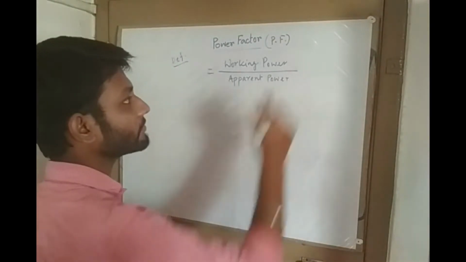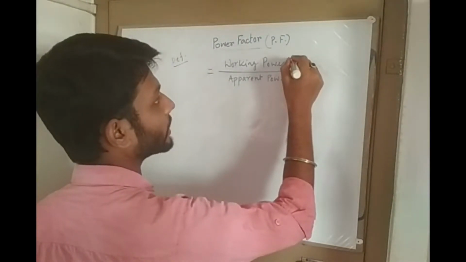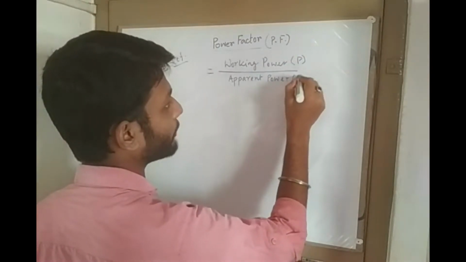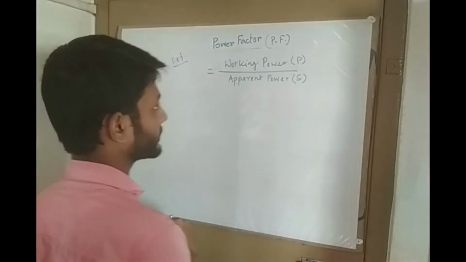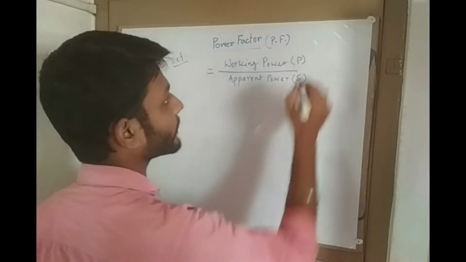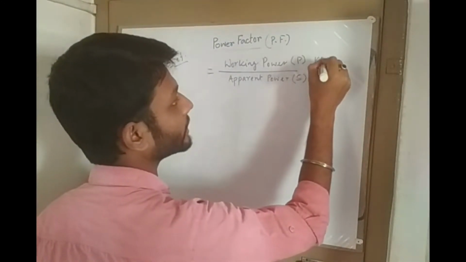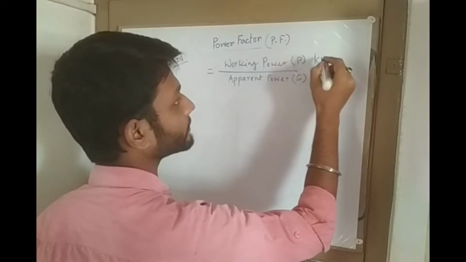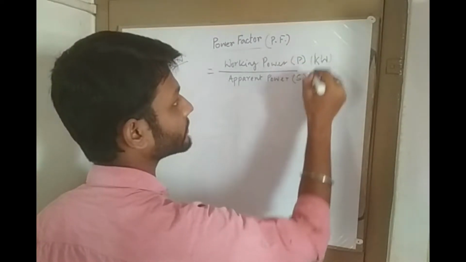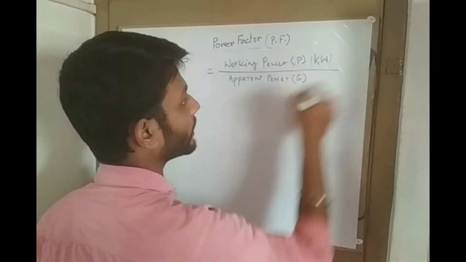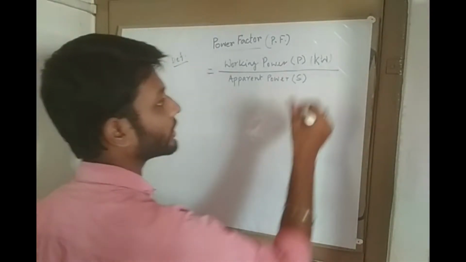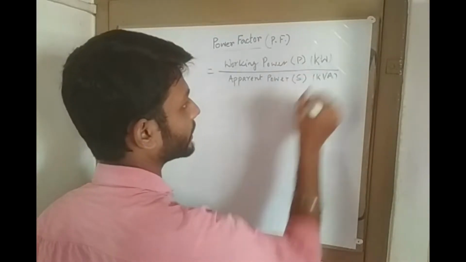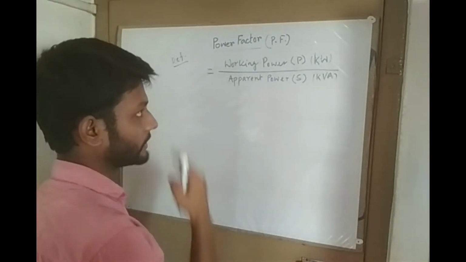This working power is denoted by P and apparent power is denoted by S, and its unit is kilowatt. And apparent power unit is kVA, kilovolt ampere.